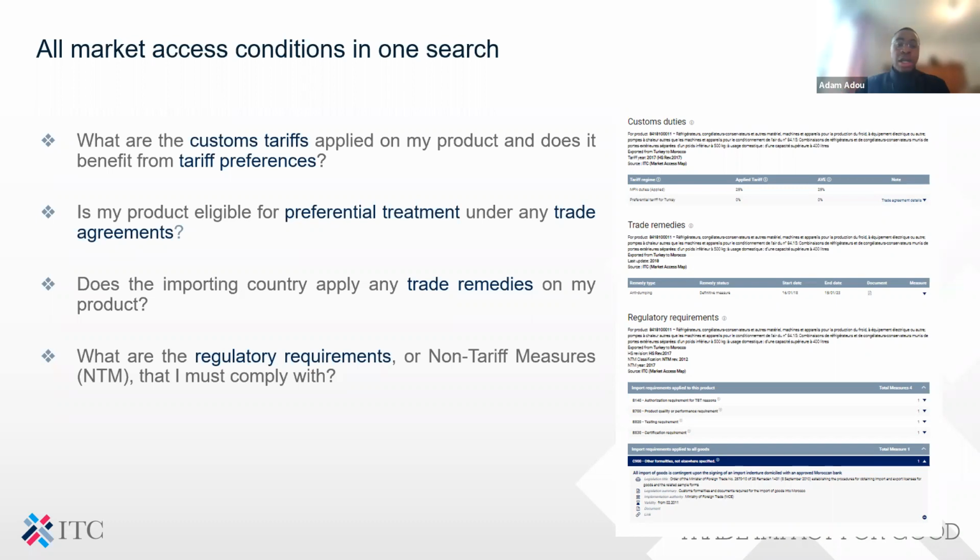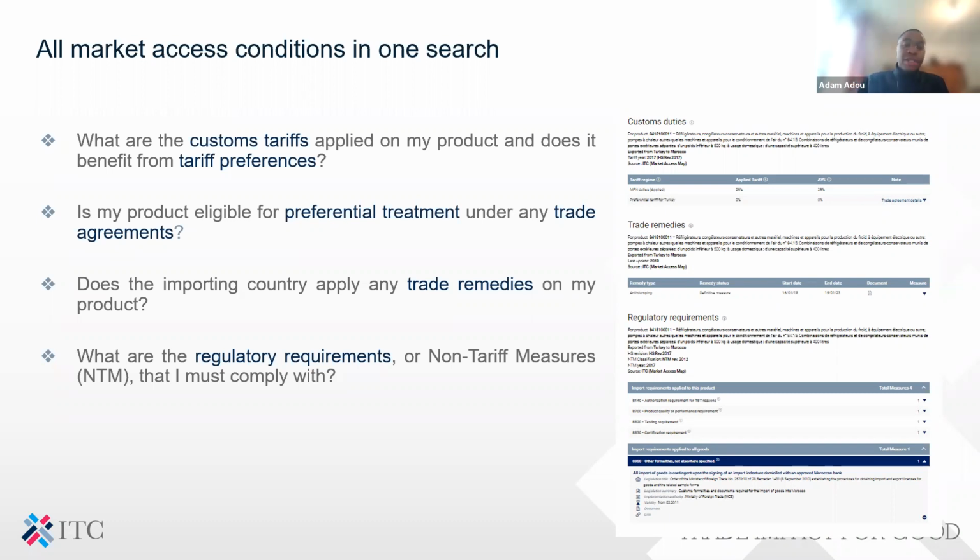As you can see on the page, if for instance I'm interested in ginger, one of the conditions to export my ginger to a specific market, I will have in one search information regarding the customs tariff applied when exporting my product to this specific market, and information regarding the preferential treatment I can benefit from. So if there is any trade agreement I can benefit from when exporting my product, that can make the tariff I'm going to pay lower than usual.